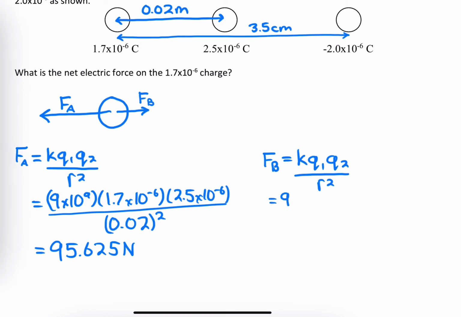Okay, let's plug in some numbers. So again, FB is going to be caused by the interaction between two charges. And in this case, it was this charge and this charge. We'll call those Q1 and Q2.